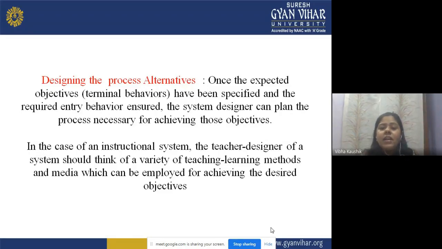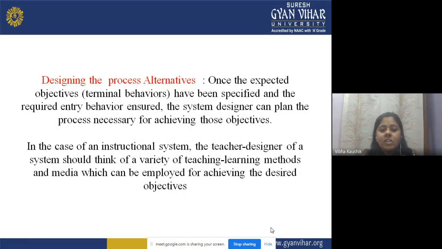The system designer can plan the process necessary for achieving those objectives. Now, what they are saying is that as a designer, I know the pre-knowledge and skills of the learner, and after the completion of this topic, I want these types of changes in my learner. When the system designer has knowledge of both things, then he can plan the process accordingly, so that he is able to achieve his objectives.